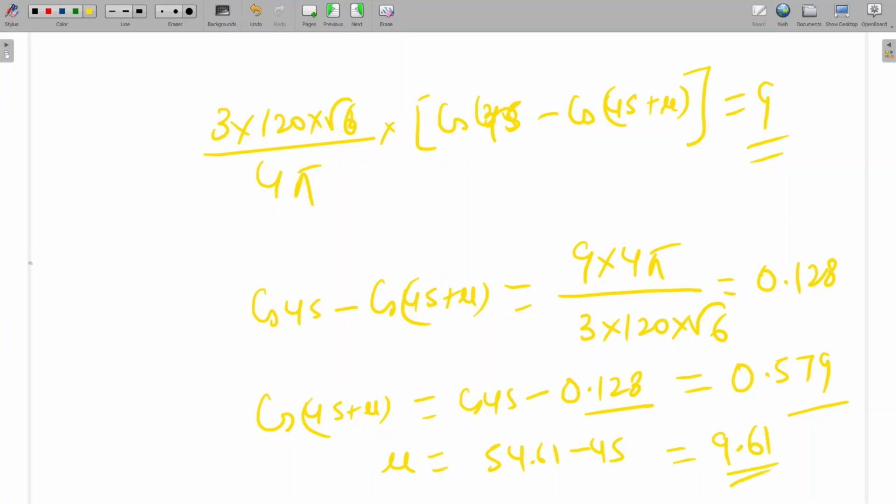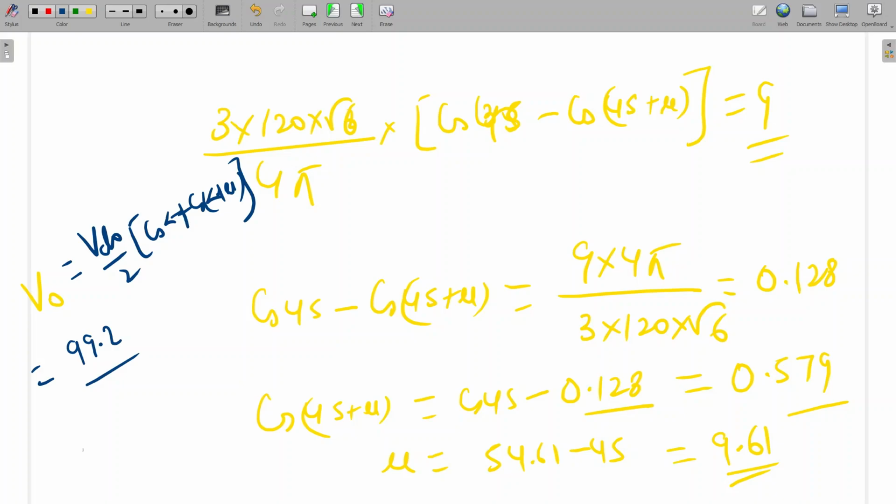So what will be the average value? Average value V naught is equal to Vd0 upon 2 cos of alpha plus mu. This one I think we will get 99.2 something. We can solve it now. So Vd0 upon 2 means 3 into 120 into root 6 by 4 pi into cos of 45 plus 9.61.